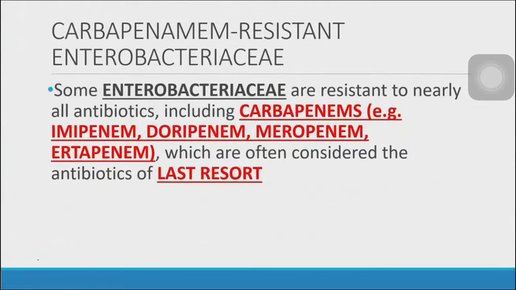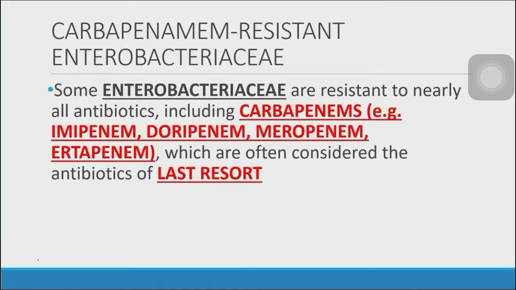Next, let's talk about carbapenem resistant Enterobacteriaceae. Aside from ESBL producing Enterobacteriaceae, some isolates of Enterobacteriaceae are resistant to nearly all antibiotics, including carbapenems.